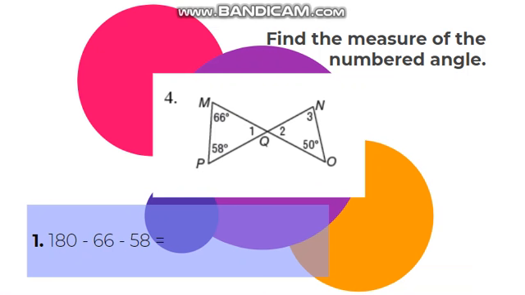For this one, we find angle 1 by subtracting 66 and 58 from 180, which gives us 56.